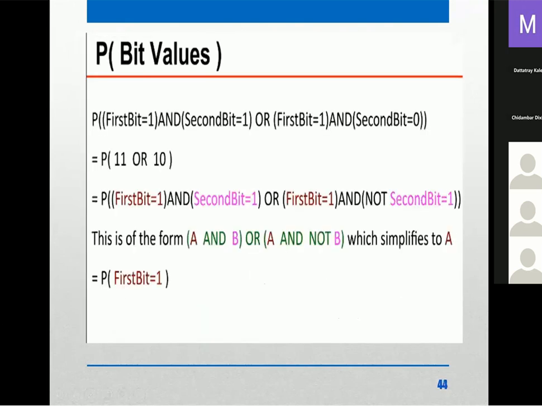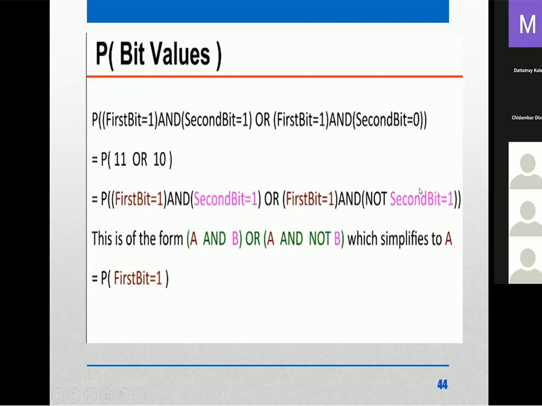Now we can see more. Let's find the probability. What may be the probability that the first bit is 1 and the second bit is 1, or the first bit is 1 and the second bit is 0? P of 11 or 10. Okay, the first bit is 1 and the second bit is 1, or the first bit is 1 and the second bit is not 1, that is a 0.